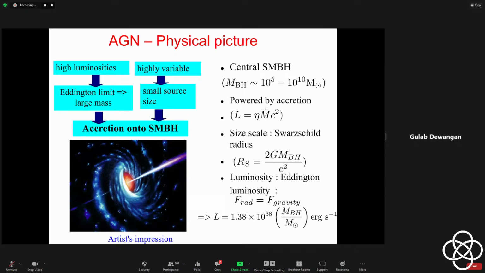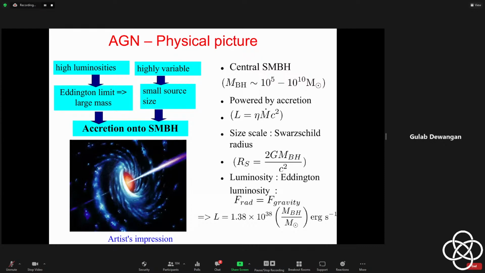That's a very good question, and it is not clearly known, but generally the objects are powered by accretion of material, and if you can change the accretion rate in a short time scale, then you can generate more luminosity.